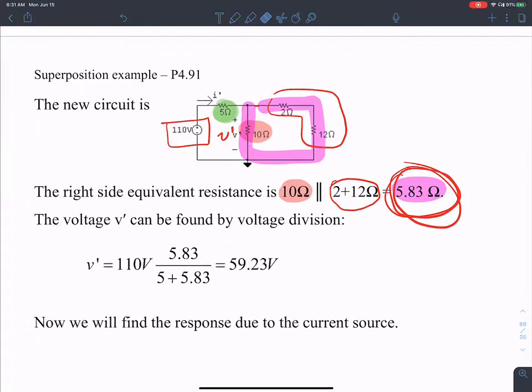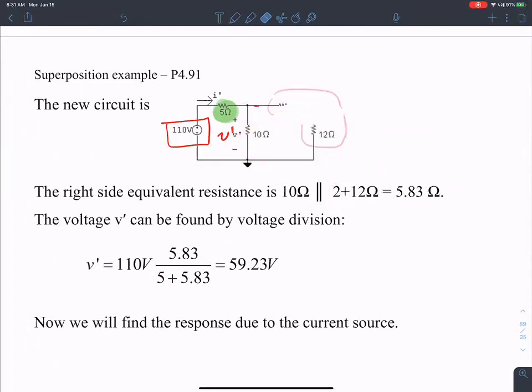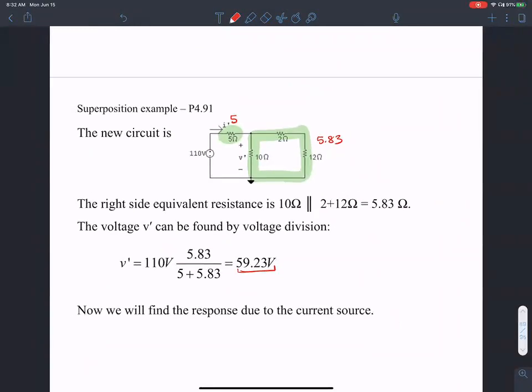The first voltage V prime is simply the voltage division between 5.83 and 5. The equivalent is 5.83, all of that, and this one is 5. The voltage division between the two gives me V prime. Okay, that is step 1.